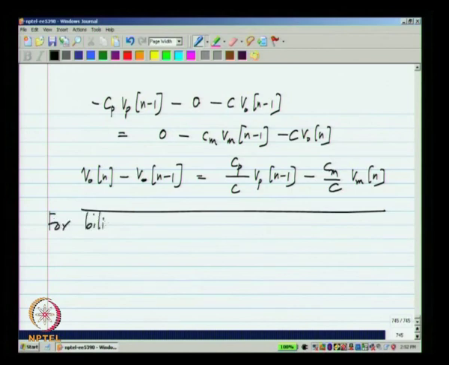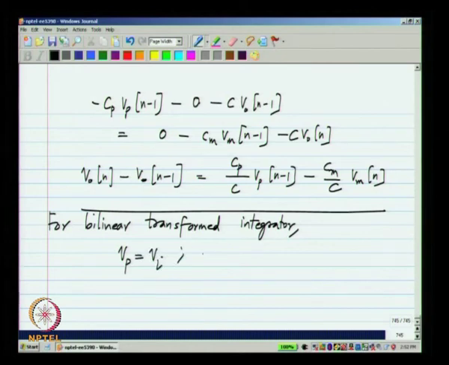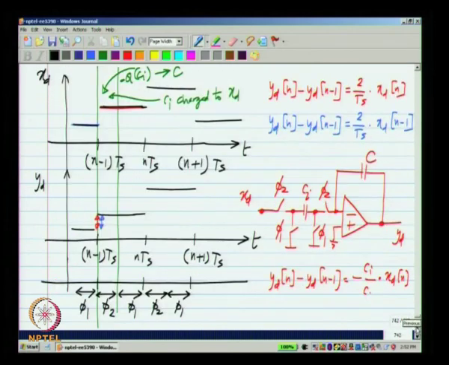Okay. Now, to realize the bilinear transformed integrator from this, all you have to do is let us say you make Vp equals Vi and Vm equals minus Vi and Cp equals Cm, and Cp by Cm should be this quantity.